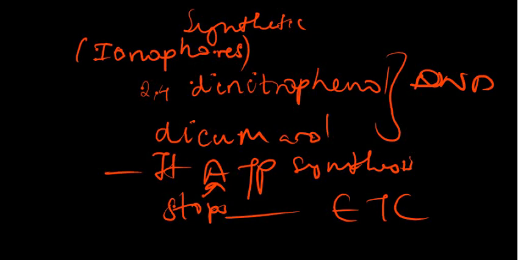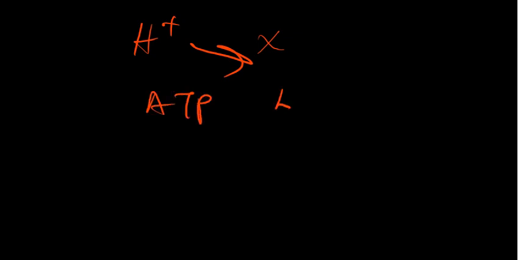Right, so these ionophores prevent formation of the proton gradient. Since no proton gradient forms, it means there'll be no ATP generated by the oxidative phosphorylation reaction.